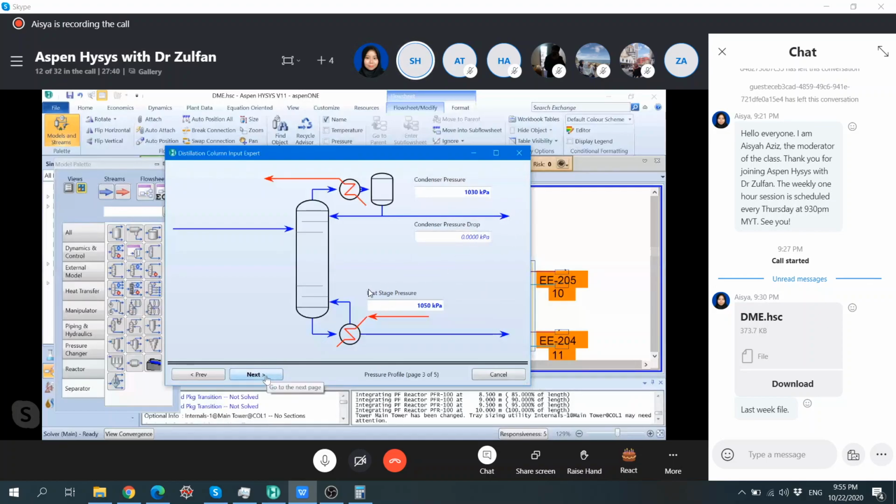Because we know there will be 22 stages, the top stage is operating at 10.3 and the bottom stage at 10.5. So 0.2 bar is the pressure drop from top to bottom, and it will be calculated evenly. Alright, click next.